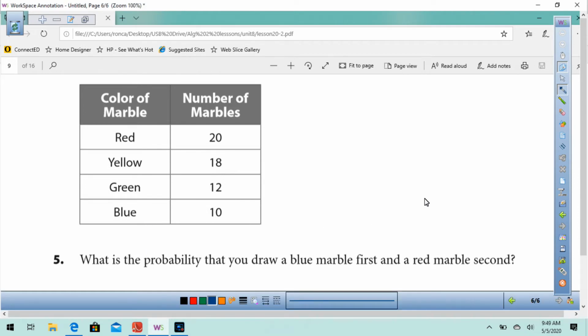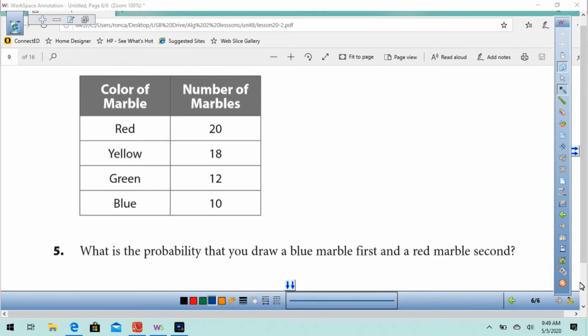What is the probability you draw a blue marble first and a red marble second?